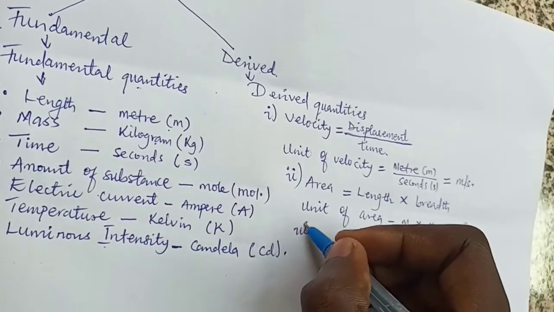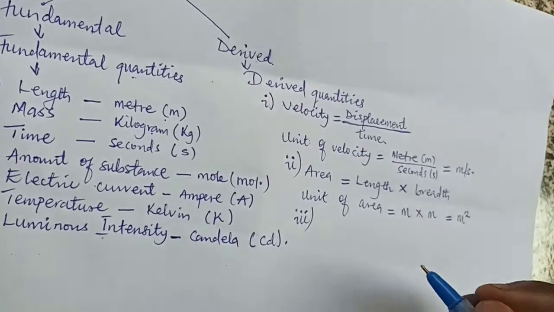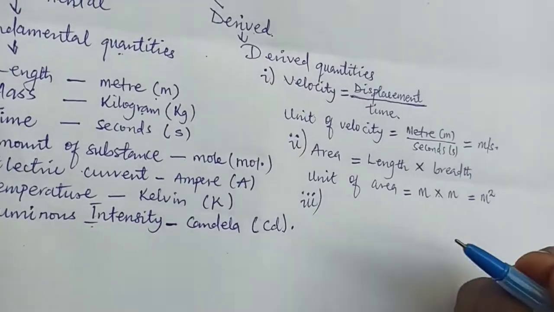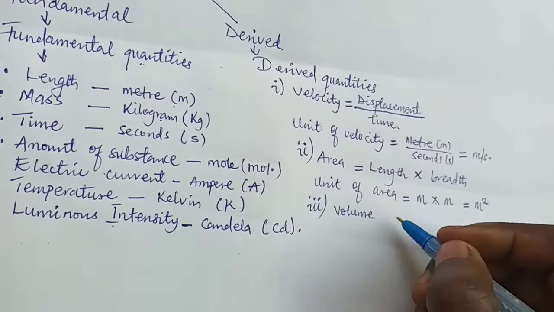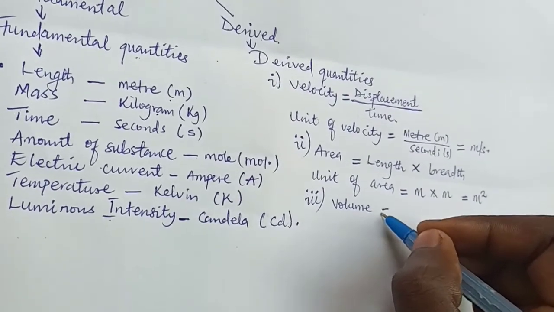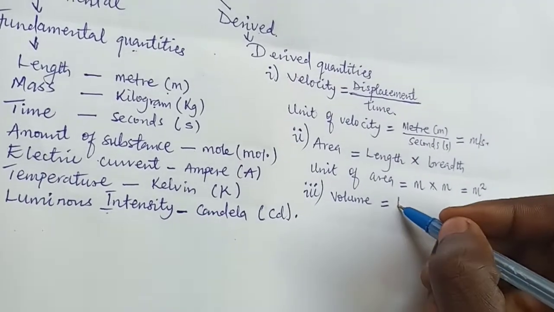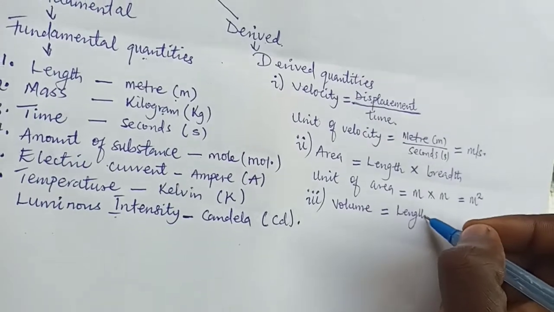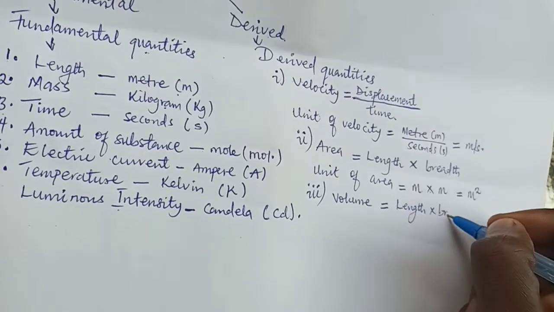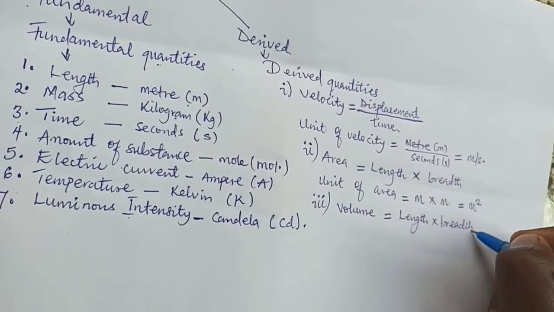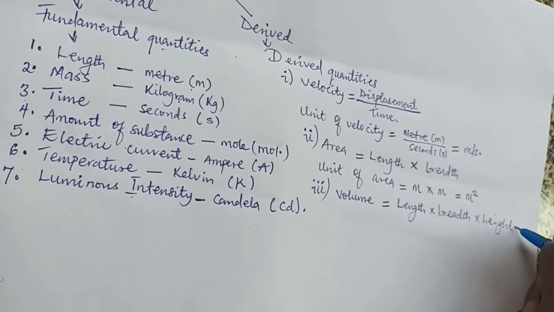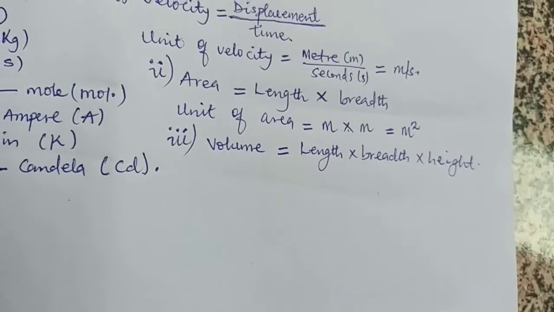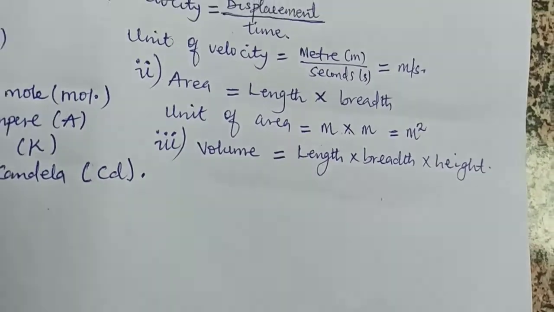Another example of a derived quantity with its respective derived unit is volume. And volume is defined as length times breadth times height.